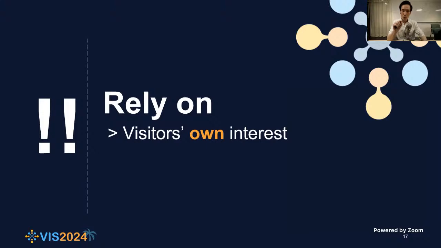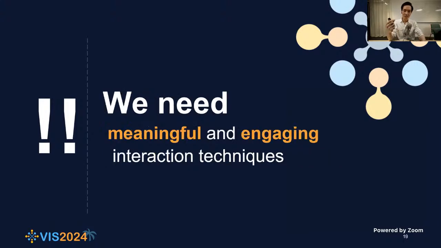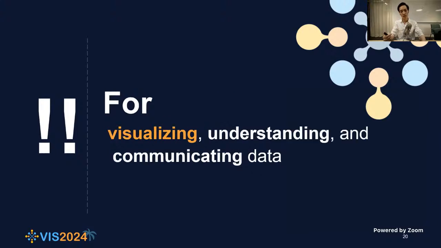It's even more critical to investigate this matter because this kind of environment relies on the visitor's own interest. And on the other hand, it also depends on how engaging, how well designed an exhibit is. And therefore, we need to design meaningful and engaging interaction techniques for visualizing, understanding, and communicating data.